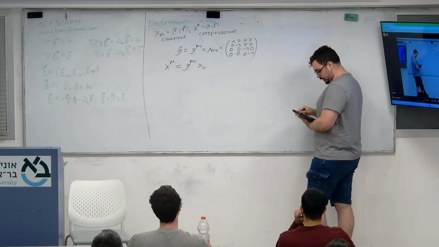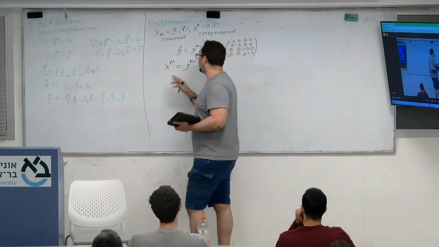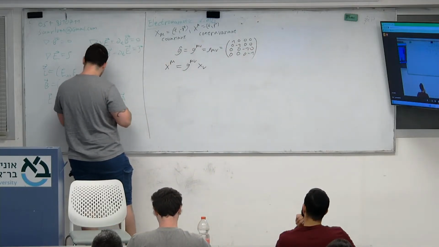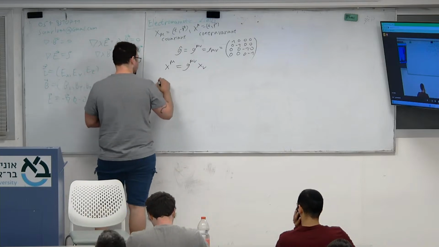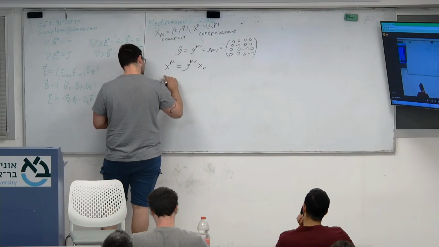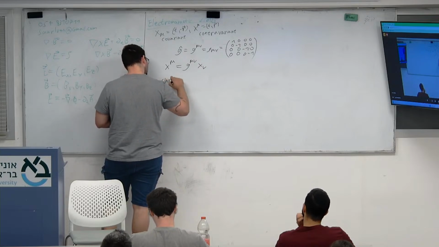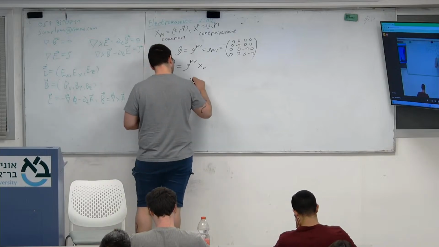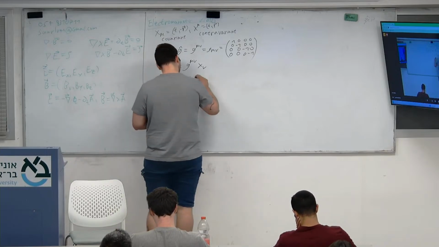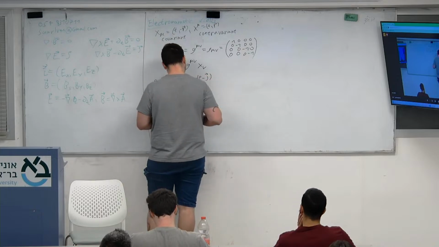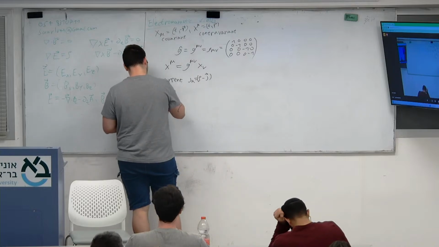Okay. Back to electromagnetism, we can also define a 4-vector for our variables. We can define the 4-current. We can define the 4-potential.